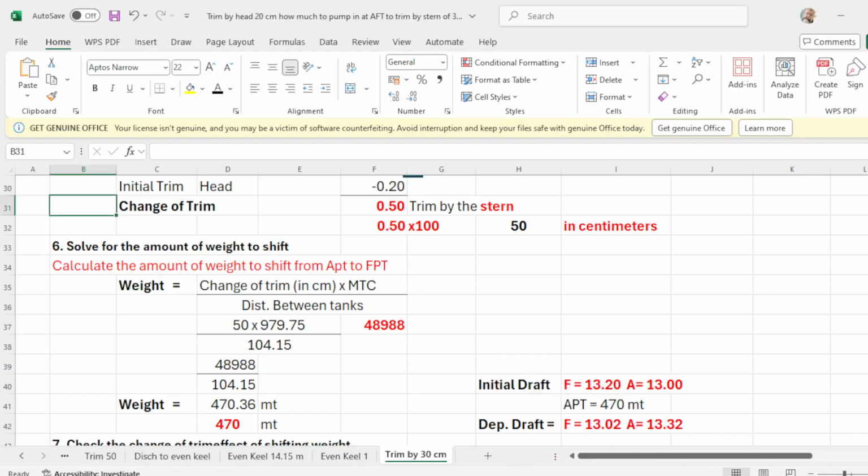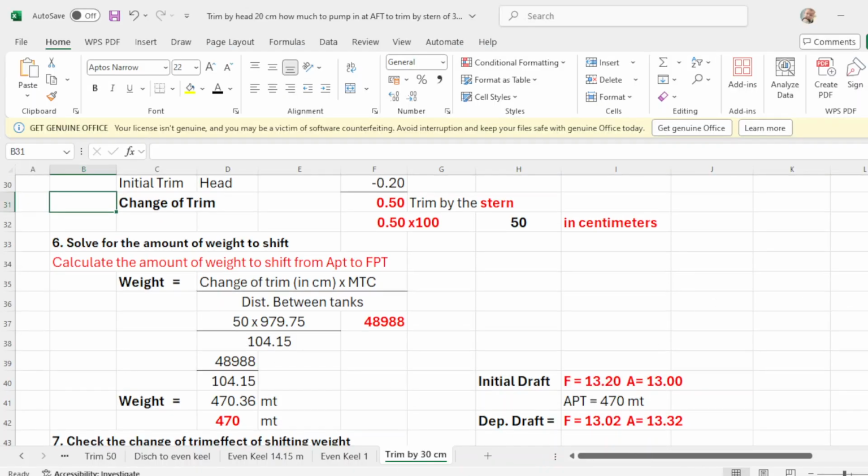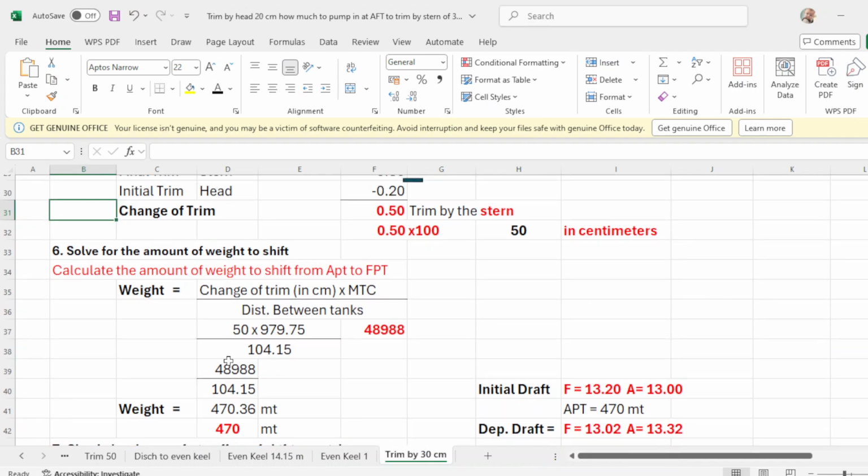And this is the formula to find the weight of the ballast water to be put in the after peak.